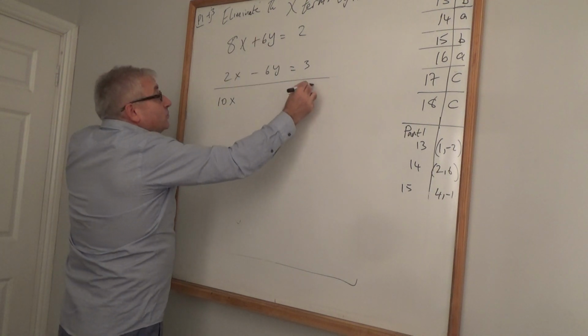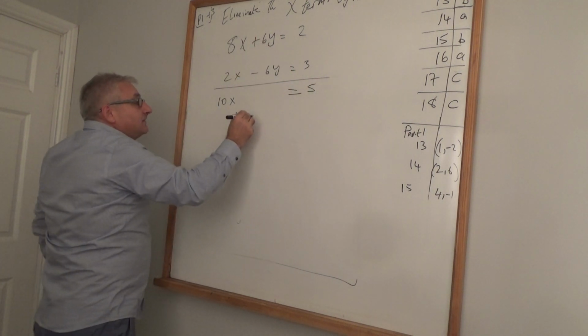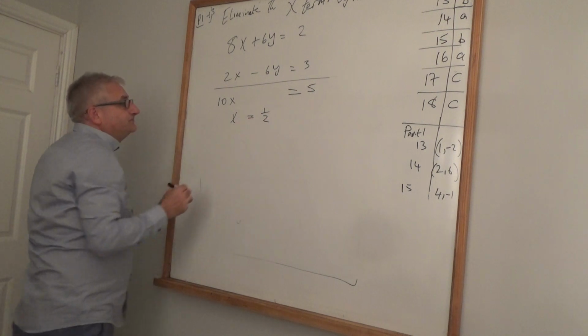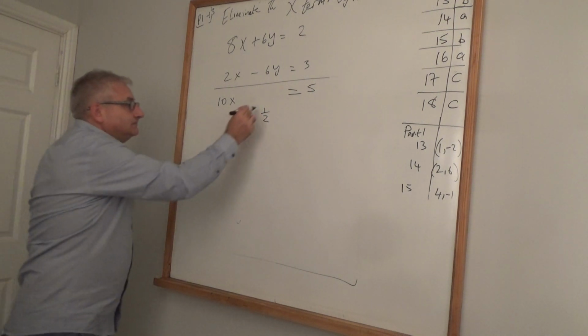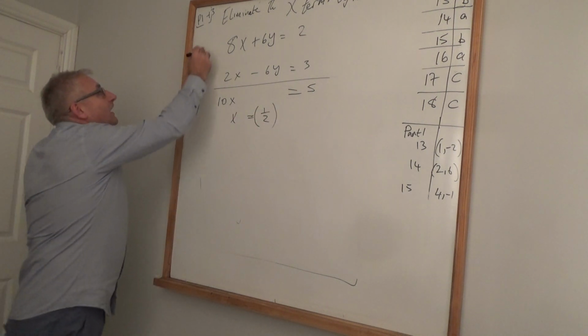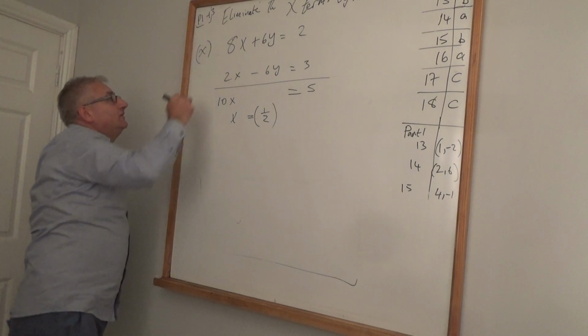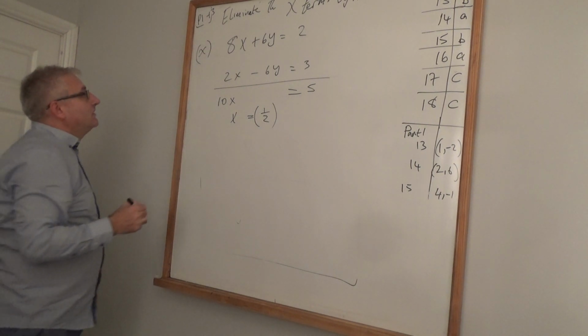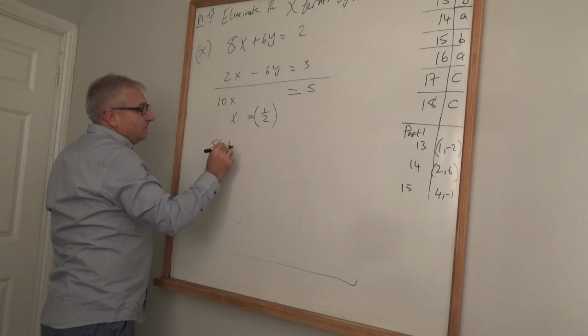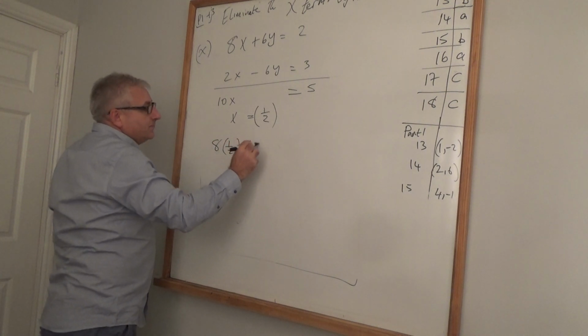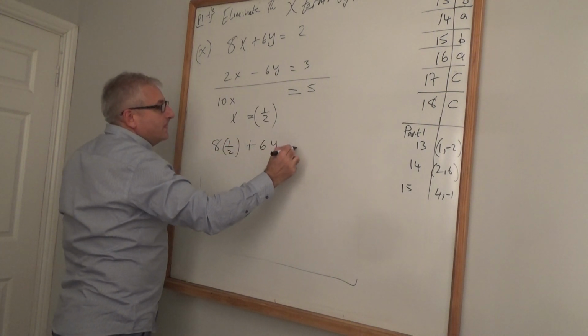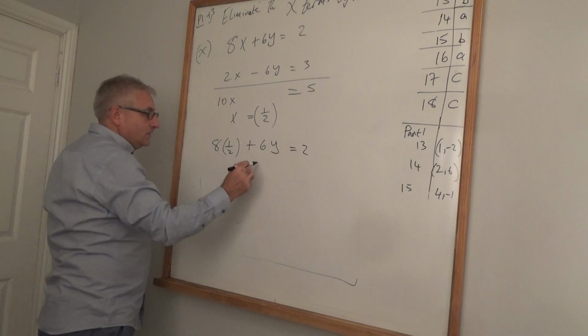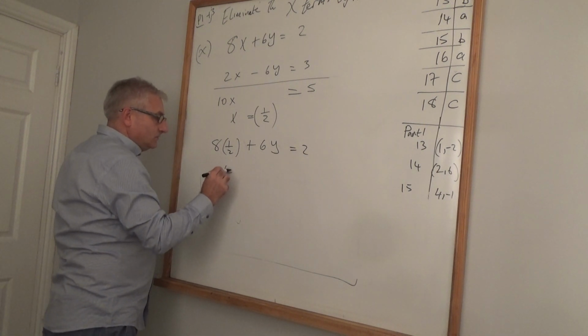That'll be 5. Ooh, this is a tricky one. x equals a half. Subbing x. 8 halves plus 6y equals 2. That's 4.